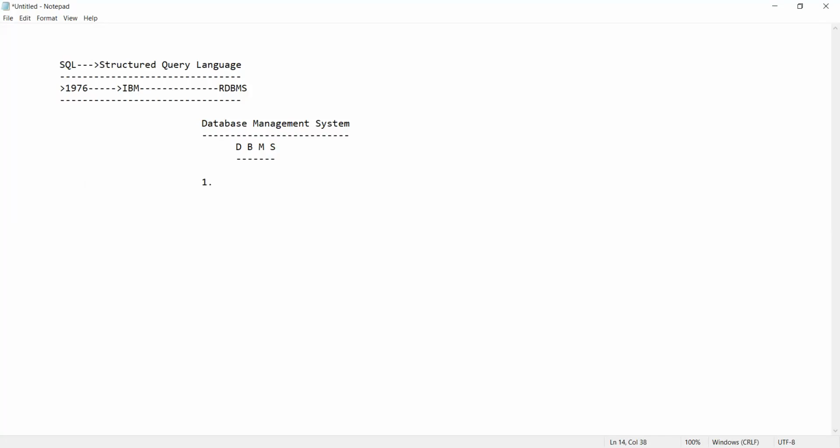addition of data, and the second one, deletion of data.